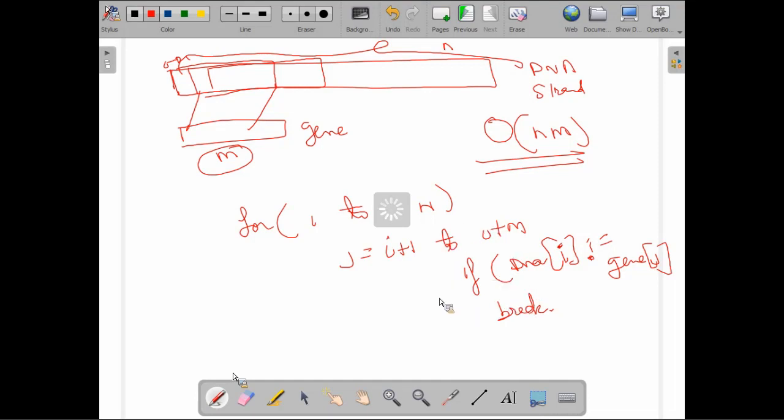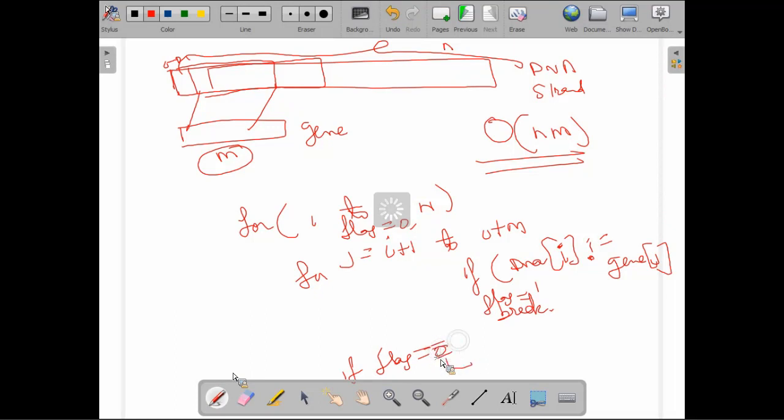If I come out of the loop with no break, I will have to set some flag. The flag will start equal to 0, and when I do a break, I will make flag equal to 1. If I come out of the inner for with flag equal to 1, that means I have an anomaly. If I come out with flag equal to 0, that means I found a match.